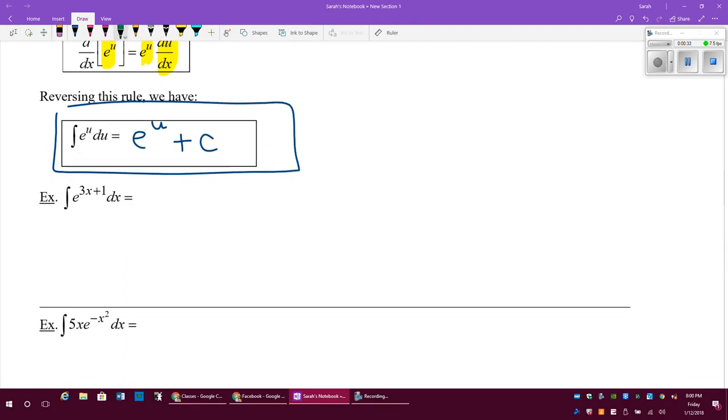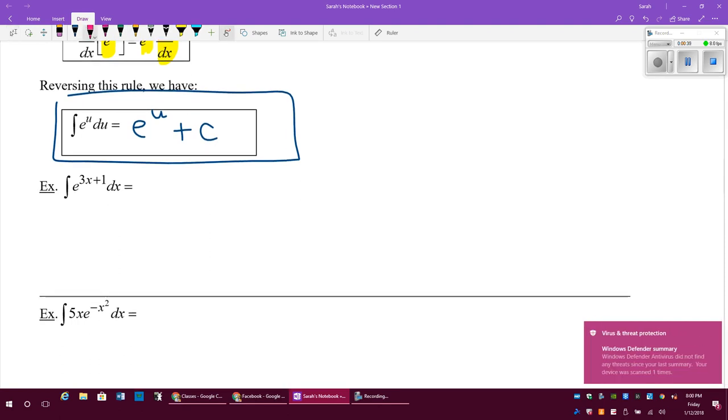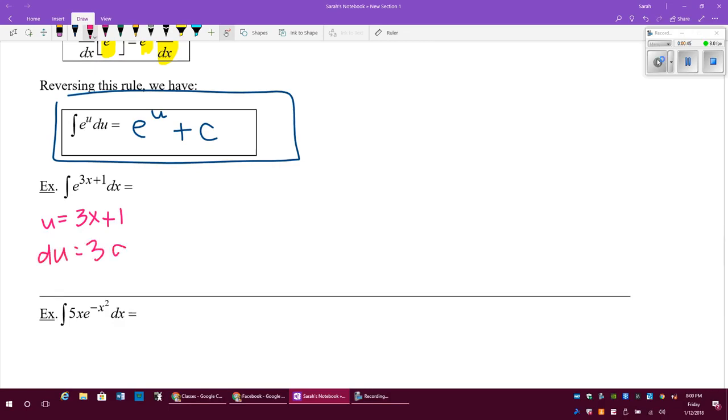So I've got e to the stuff. We want to take the antiderivative. So let's set up a u substitution where we say u is equal to 3x plus 1, which makes du 3 dx. I don't have a 3, so 1/3 du is equal to dx.